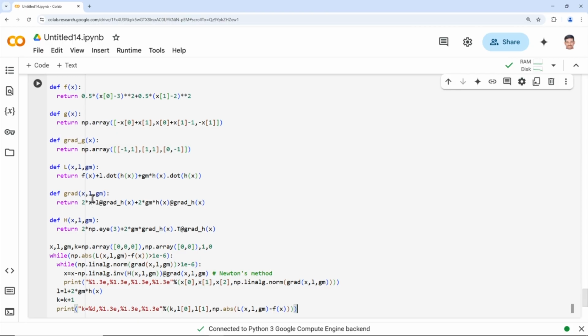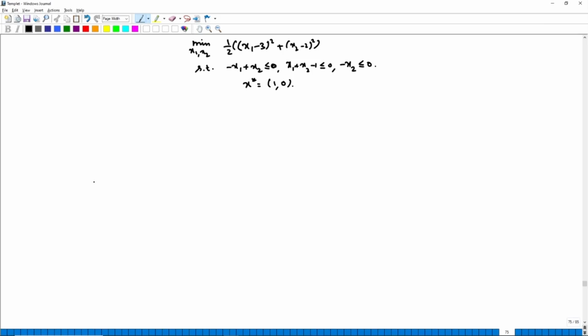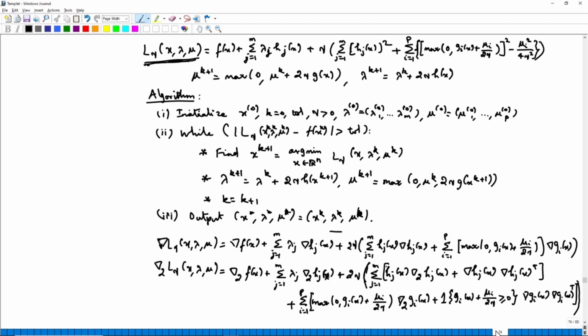Okay. So, of course, there needs to be a change here as well. So, L gamma, if you recall the function, yes. So, yeah, we do not have h because there are no equality constraints. So, after f of x, we need to write this down. So, yeah, since we have squared here and squared under summation, we will write them as dot product of the vectors, right.